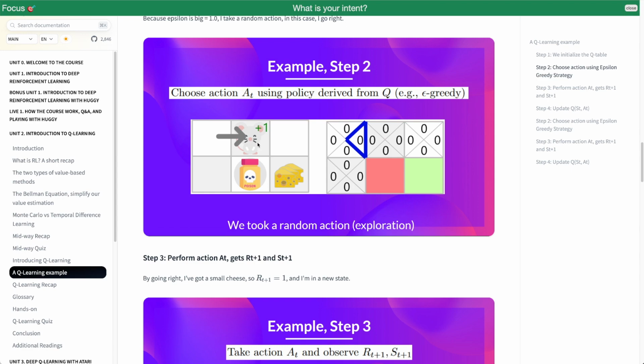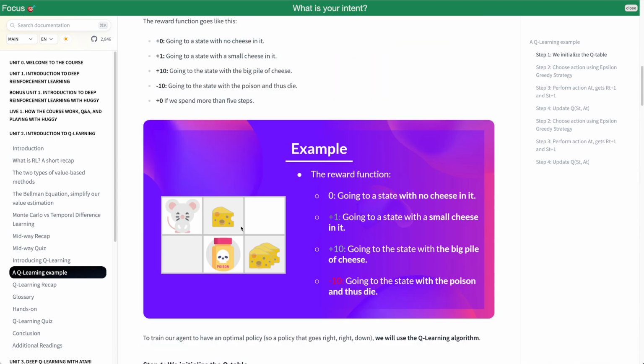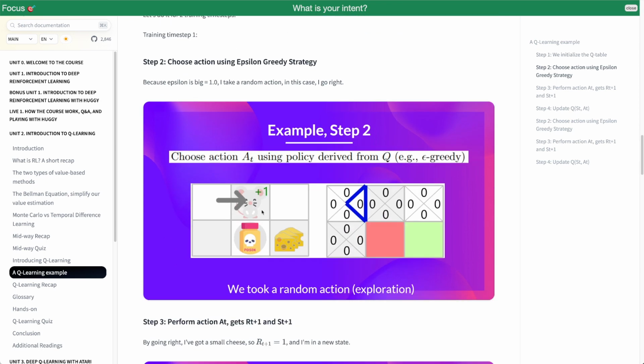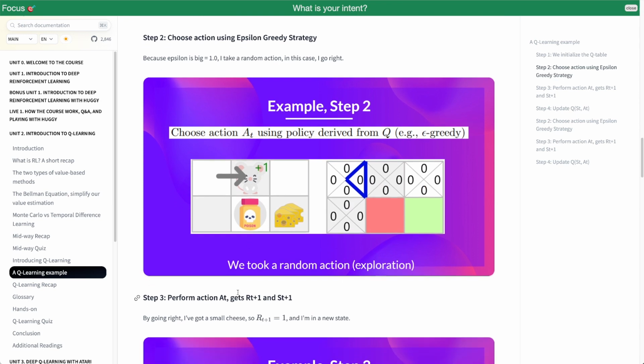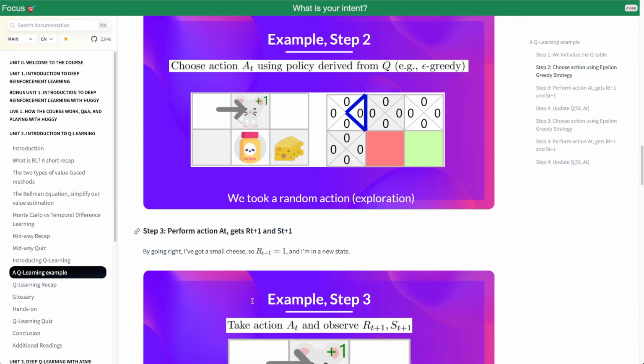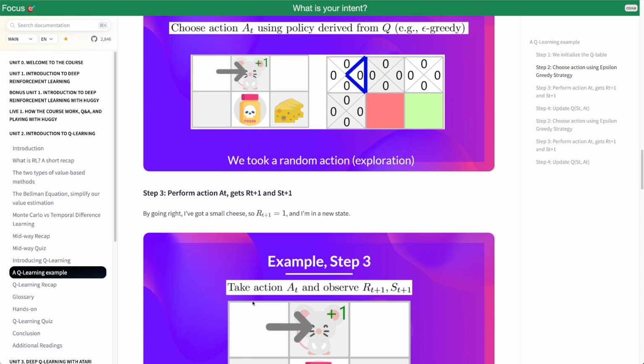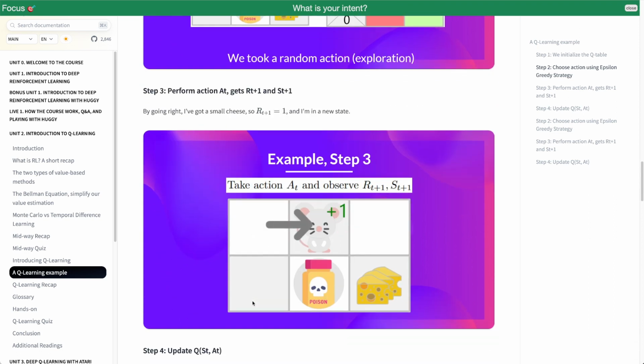Right above it there's a cheese, and going right means I ate that cheese. So this is plus 1. We perform action t, and we get reward t plus 1 and state t plus 1. By going right we got a small cheese, so the reward is 1, and we're also in the new state.